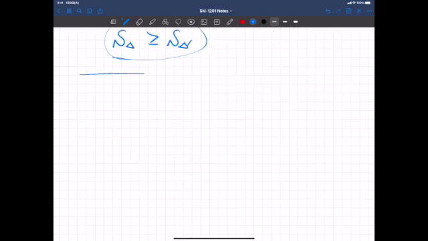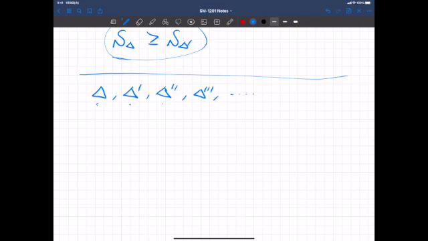Now, based on this lemma, consider a sequence of partitions which are refinements of the previous partition. Okay, so delta is a partition, and delta prime is a refinement of delta, and delta double prime is a refinement of delta prime, and so on. So we keep refining these partitions. For each of these partitions we can define its corresponding lower Riemann sum and upper Riemann sum.